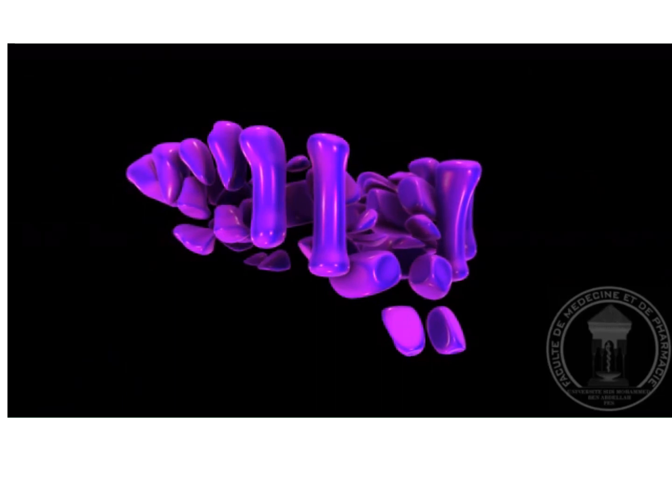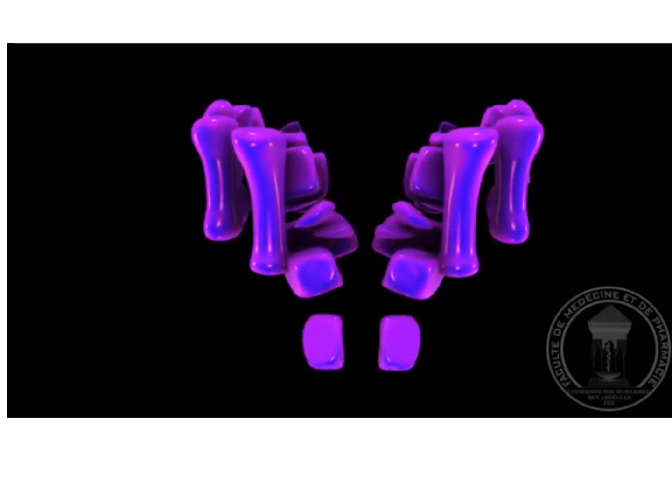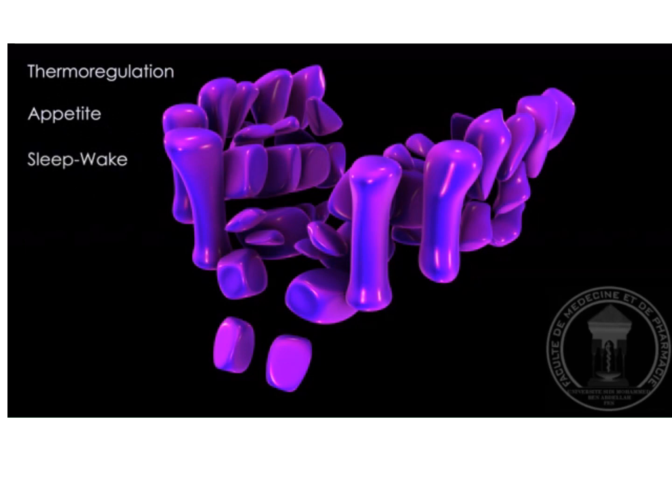In fact, the hypothalamus contains several distinct nuclei that provide numerous functions, including thermoregulation, appetite, and regulation of the sleep-wake cycle. It also plays a capital role in modulating the autonomic nervous system.